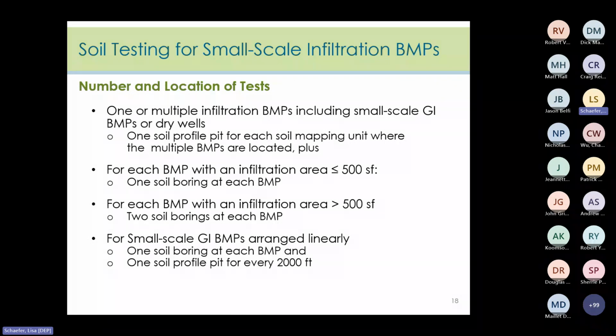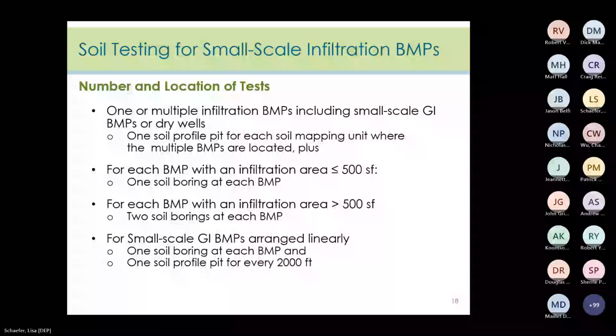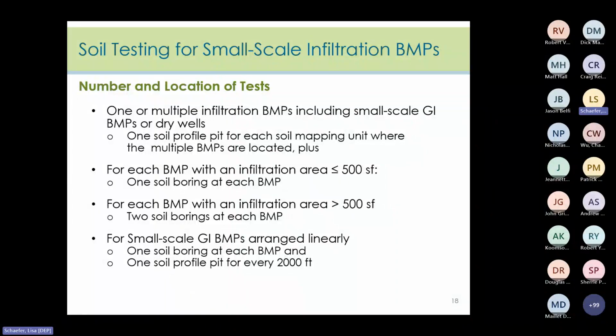Then for each BMP with an infiltration area that's greater than 500 square feet, we're going to need 2 soil borings at each BMP. And lastly, for small scale GI BMPs that are arranged linearly, we're going to need 1 soil boring at each BMP and 1 soil profile pit for every 2,000 feet of length.